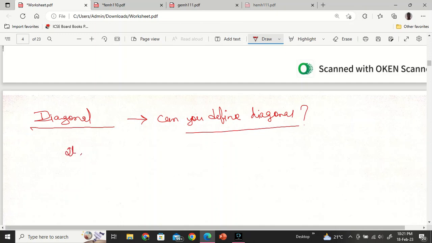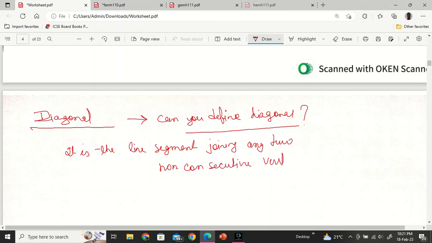It is the line segment joining any two non-consecutive vertices. So it is your homework, define vertices also. A vertex. What is a vertex? Okay.